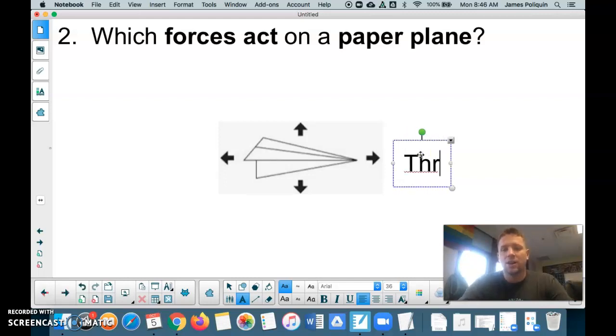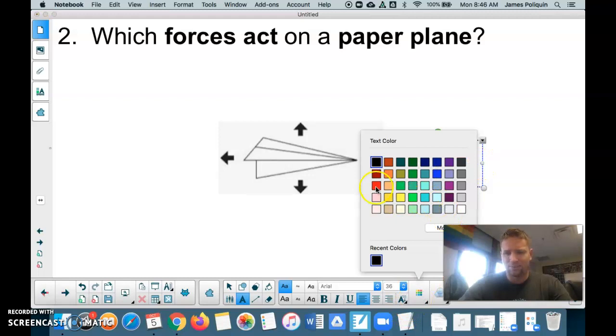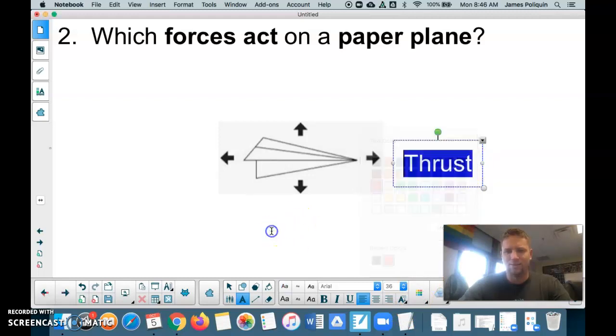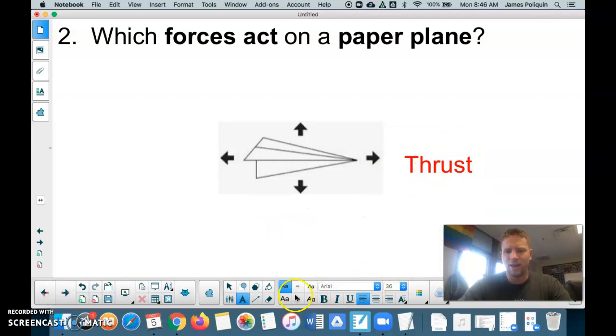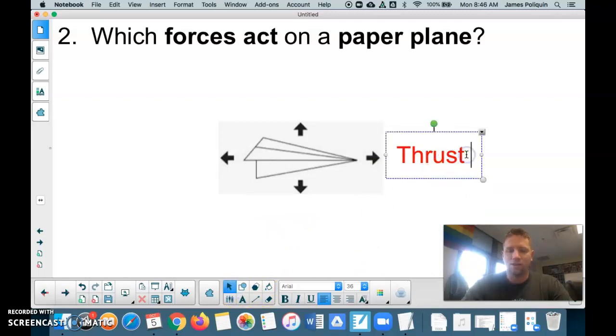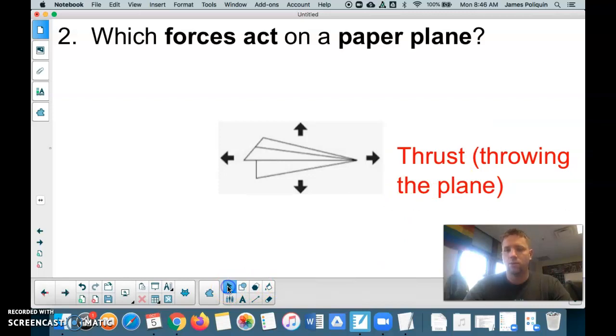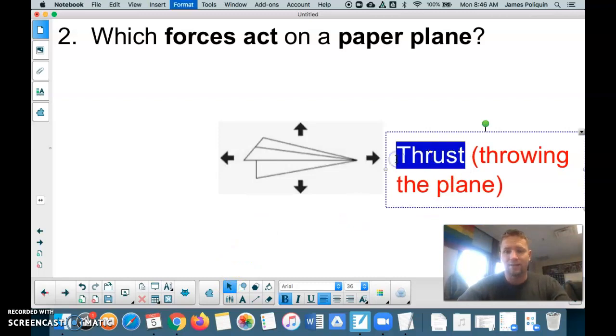That is called thrust. We'll make our horizontal forces red. The thrust comes from us throwing the plane forward. That is one of the forces acting on it.